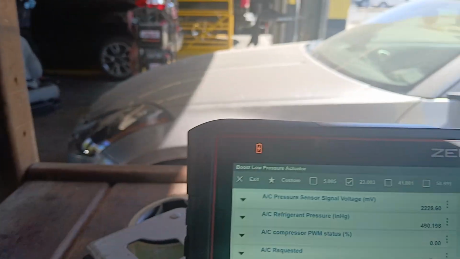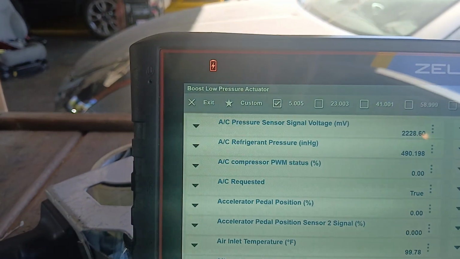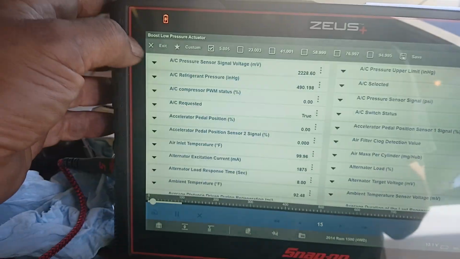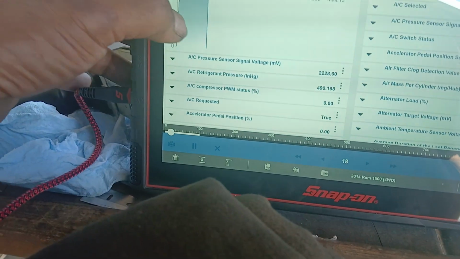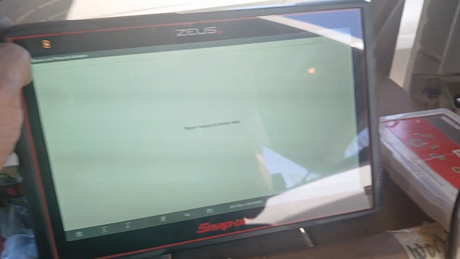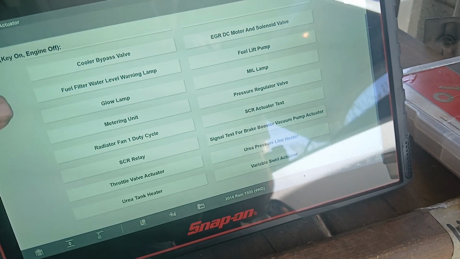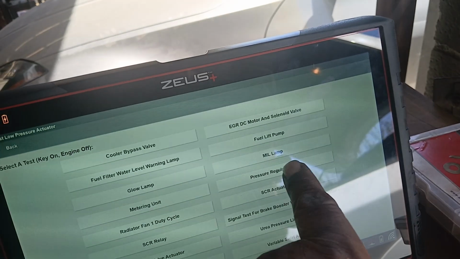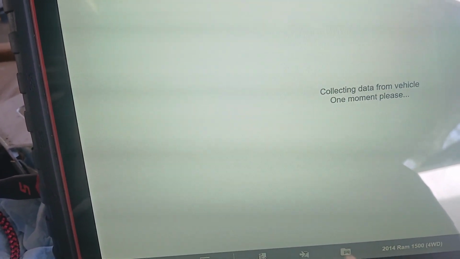As you see, I'm taking her. Alright, and then I'm going to take her for a good test drive.